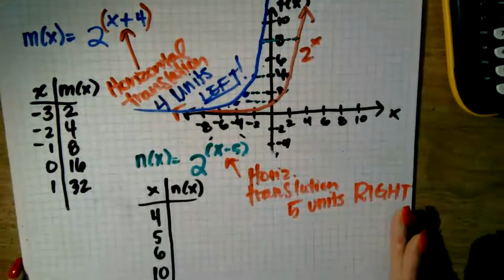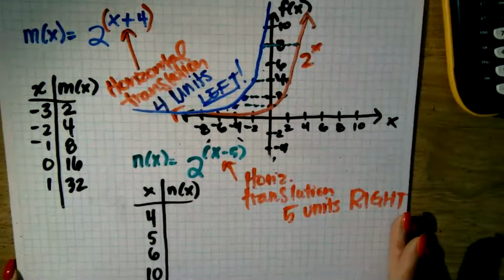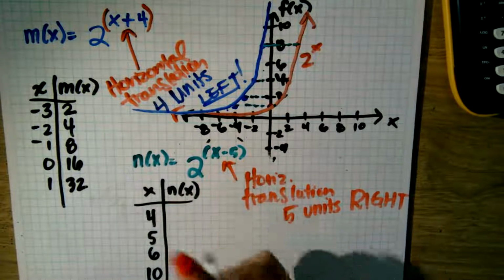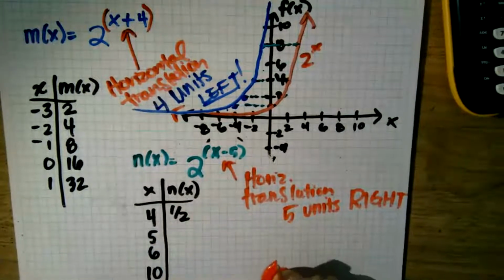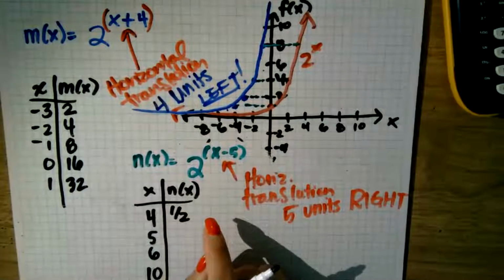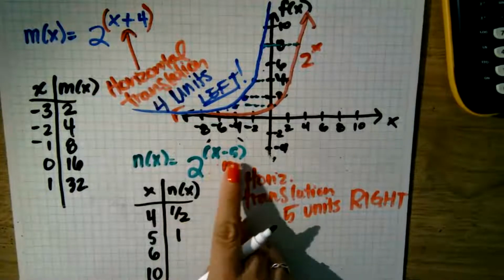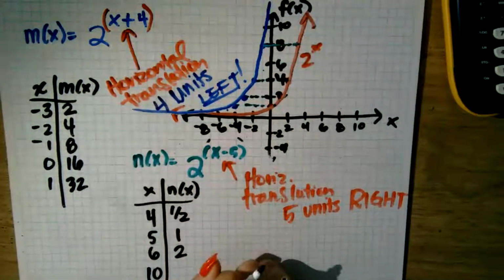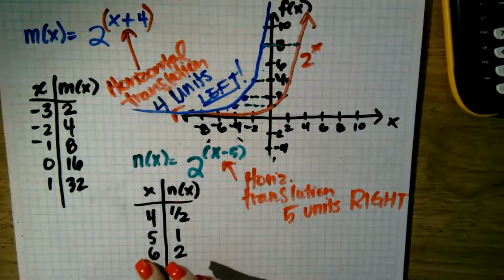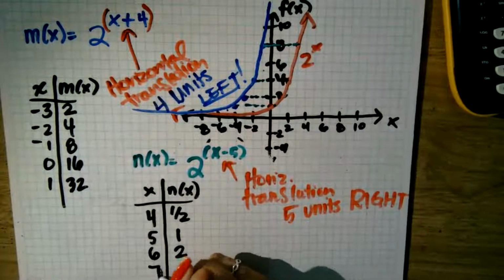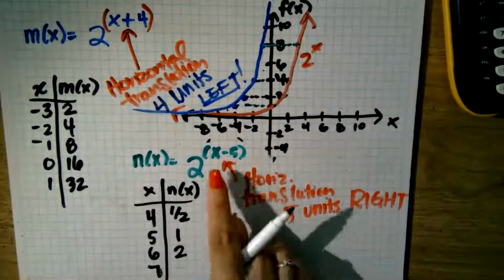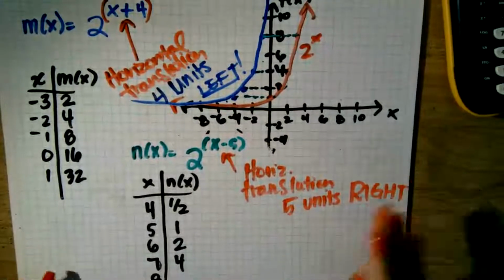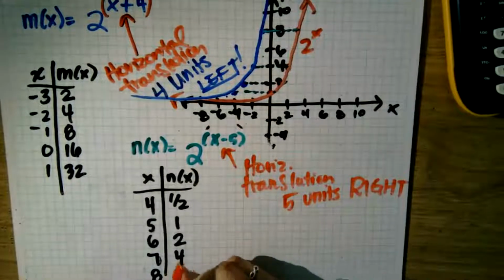So 4 minus 5 is -1. 2 to the -1 is 1/2. 5 minus 5 is 0. 2 to the 0 is 1. 6 minus 5 is 1. 2 to the 1 is 2. 7 minus 5 is 2. 2 to the 2 is 4. 8 minus 5 is 3. 2 to the 3 is 8.